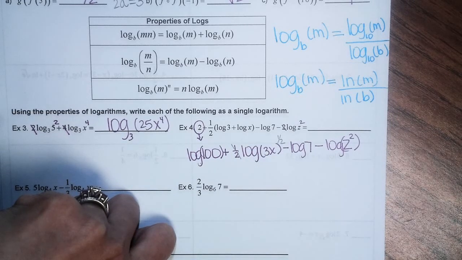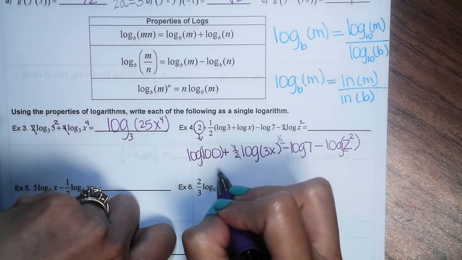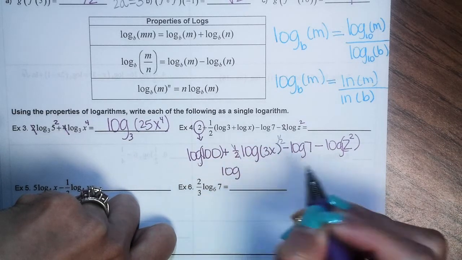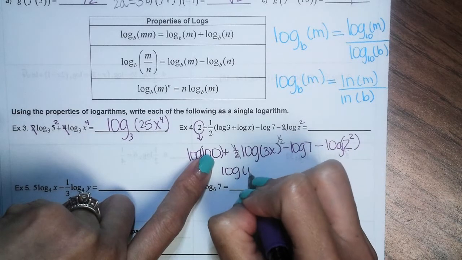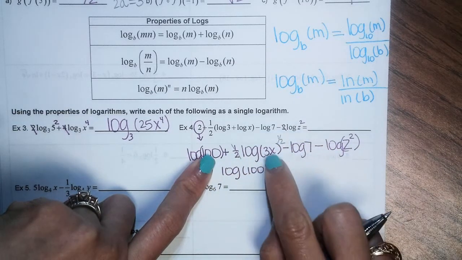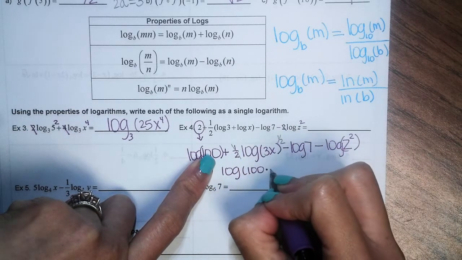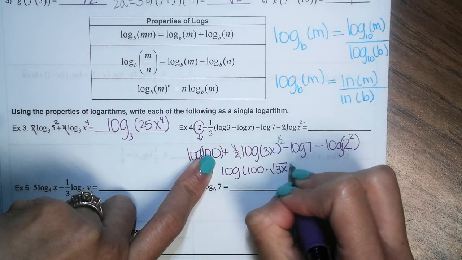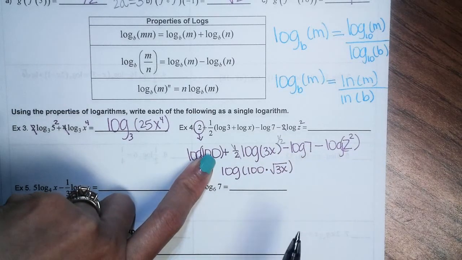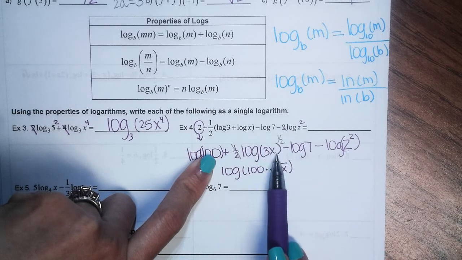We have to be careful. So this is going to be log of 100 times 3x to the 1/2, which is actually the square root of 3x, because you're taking the whole 3x and raising it to a 1/2.